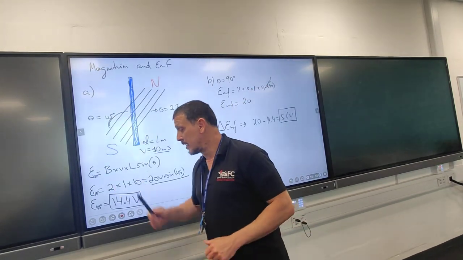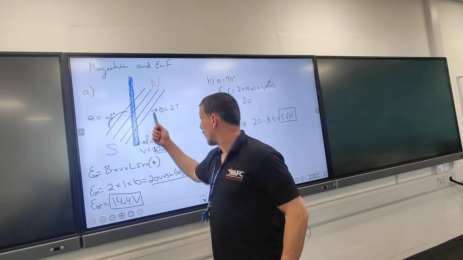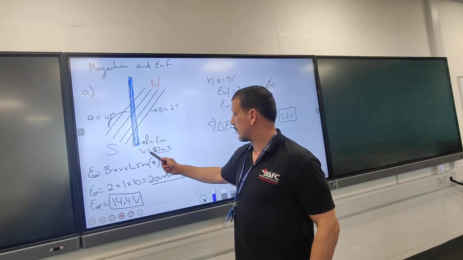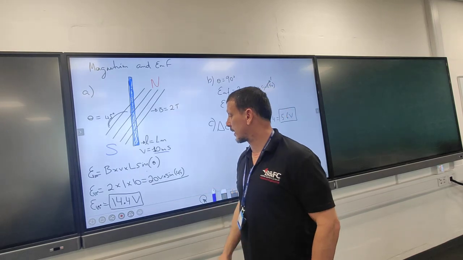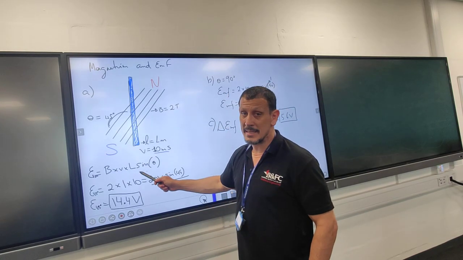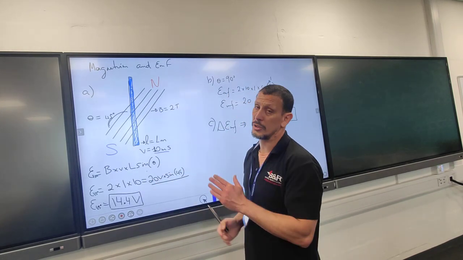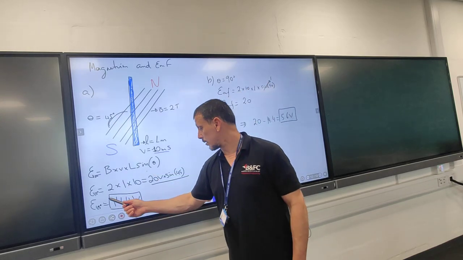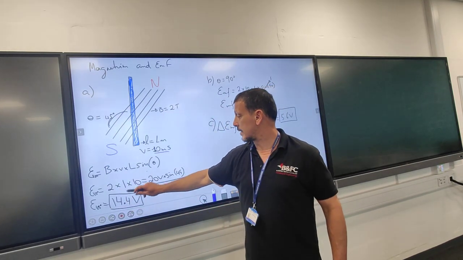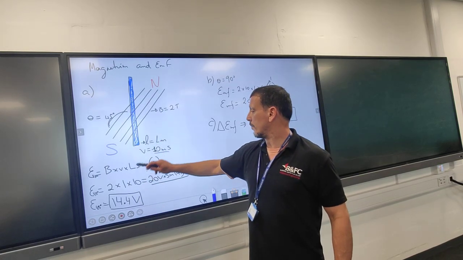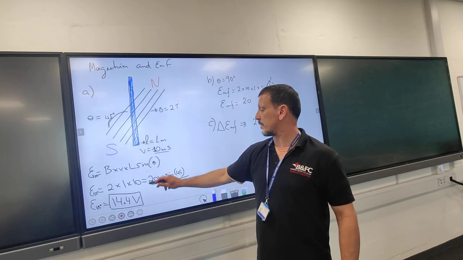So we have a formula that the EMF is the magnetic flux density times the velocity times the length of the wire cutting this magnetic field times the sine of the angle at which it's cutting. If we put all the numbers into the equation, we have 2 Tesla times 1 meter times 10 meters per second.